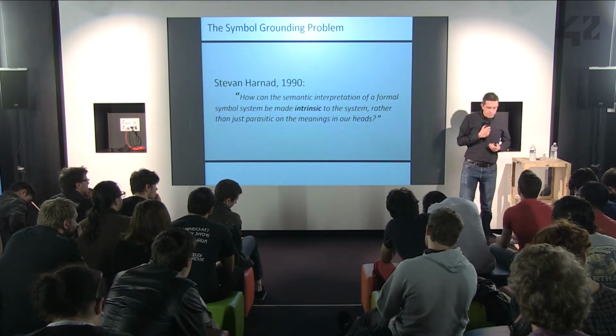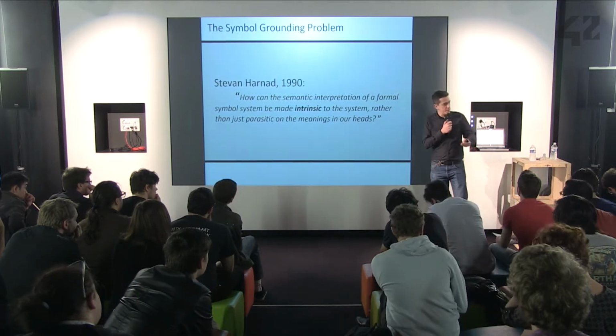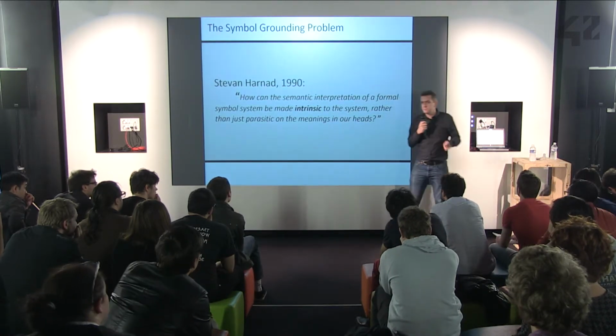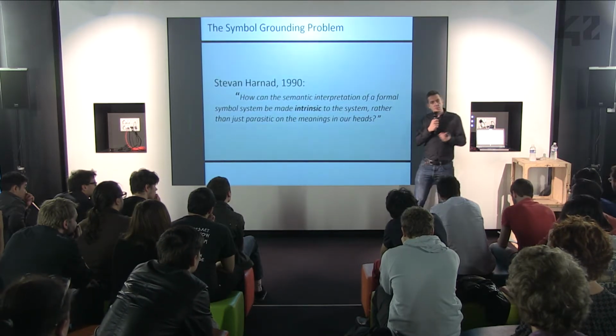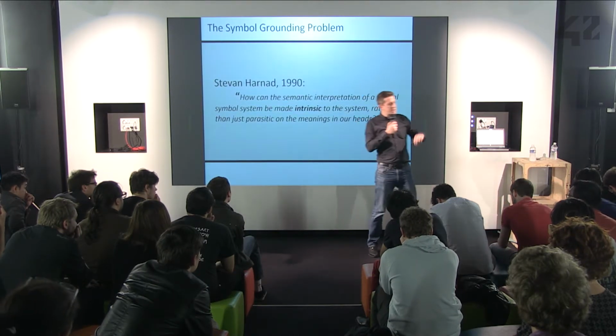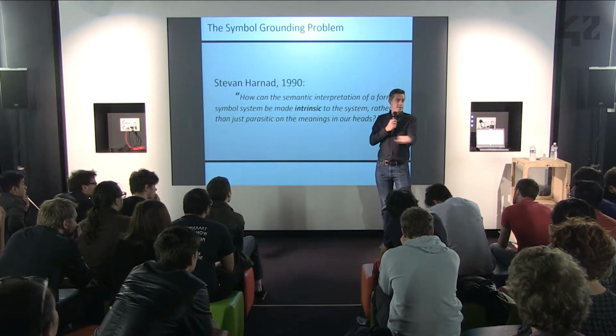To give you an example, if I give you a dictionary of Chinese, most of you, I suppose, don't speak Chinese. I give you this dictionary, and I ask you to tell me the meaning of a particular word in Chinese. So you will open the dictionary, pick up the word, you recognize it, and then there's another stream of Chinese words.